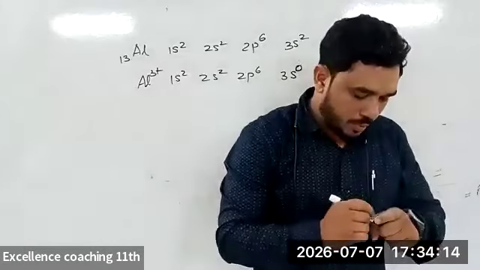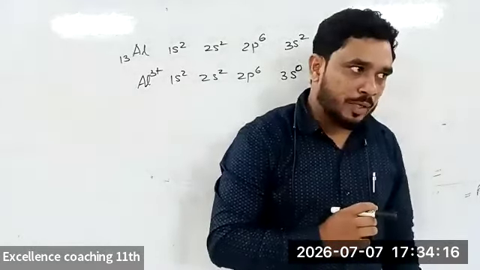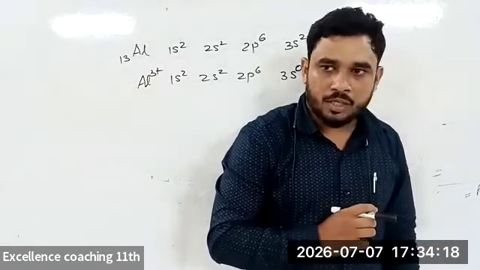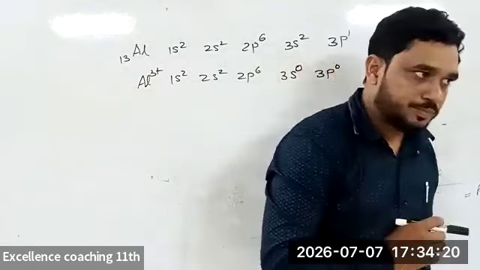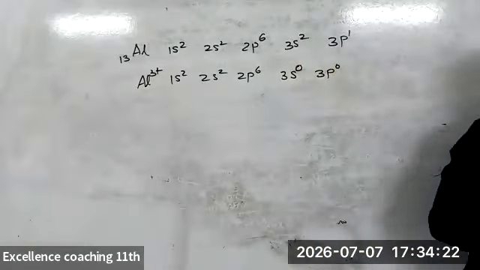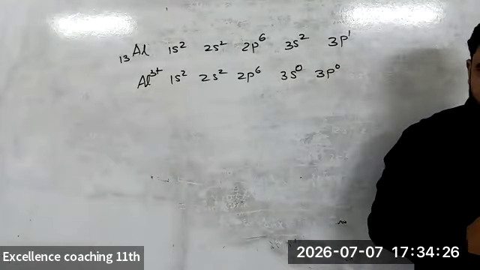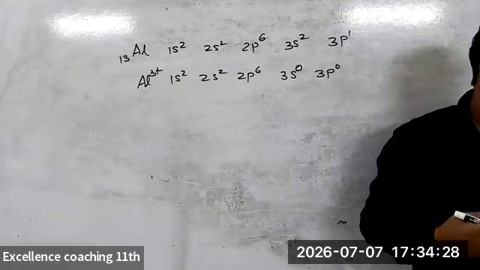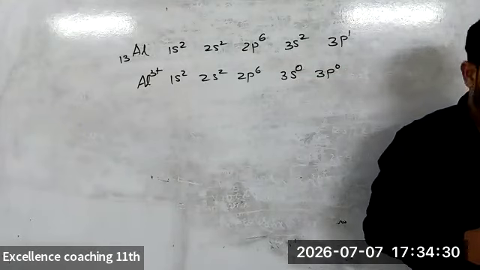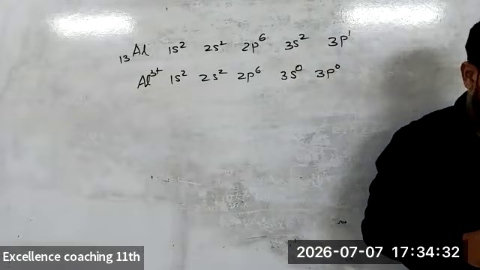Okay, pens down, focus. How many electrons do you have to remove from aluminium? 3. From where do you remove the first electron? Which orbital? Which subshell? 3s or 3p? 3p. The second electron? 3s. And third electron? 3s. Understood?